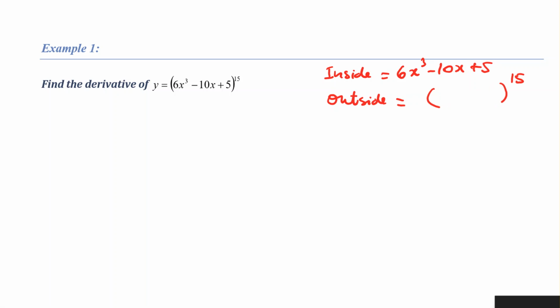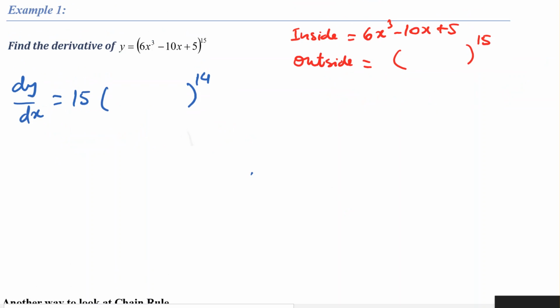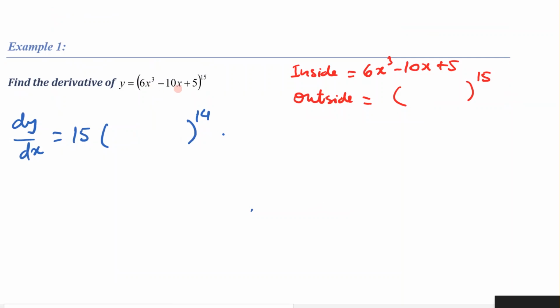When we take the derivative, just be systematic. First we're going to take the derivative of outside. So something raised to power 15 means 15 comes down with that something, and the power is reduced by 1. And then the derivative of inside.